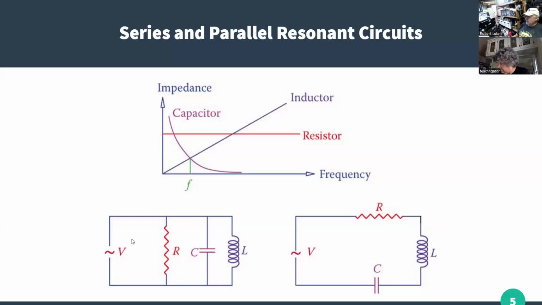Likewise, over here in the parallel circuit, as we increase frequency, the capacitor is going to start to conduct, the inductor is going to start to block, and at resonance, they cancel each other out. So all we have in the circuit is whatever value R is.